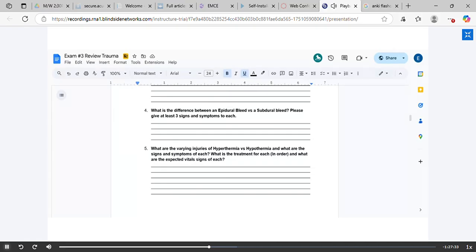Remember when I was talking to you guys about events leading up to, your SAMPLE history? We always ask, what were you doing when your pain started? With a subdural bleed, you may have to dig back a little bit. It's not necessarily an immediate thing. With an epidural bleed, it was, "Oh man, we were just playing around, and they smacked their head on the side of the pool just 10 minutes ago, and now they're like this."